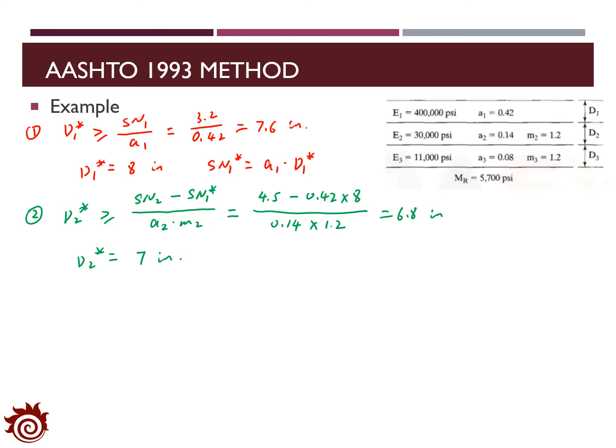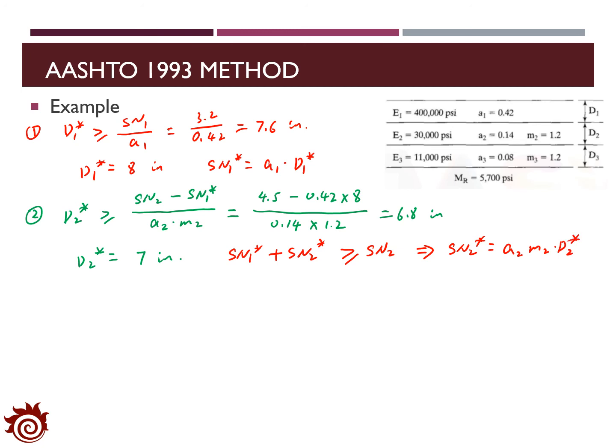And we will then use the condition SN1 star plus SN2 star higher than SN2. In this case, we can just choose SN2 star as A2 M2 times D2 star.